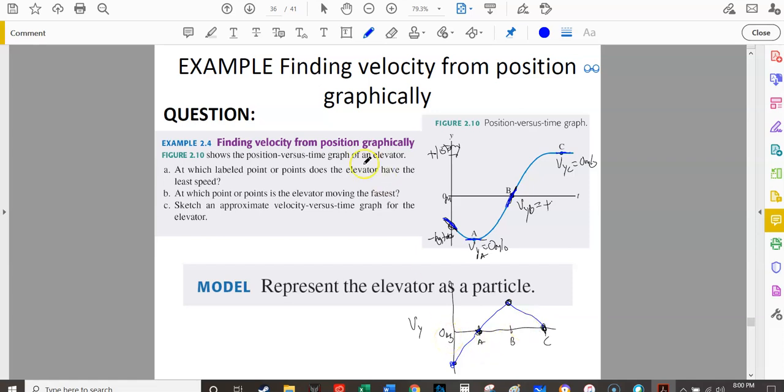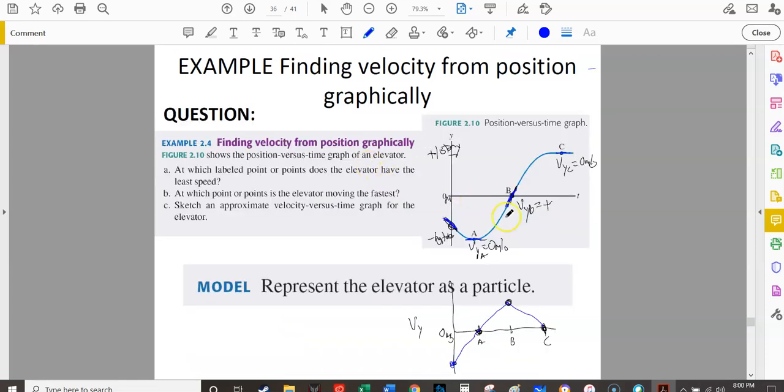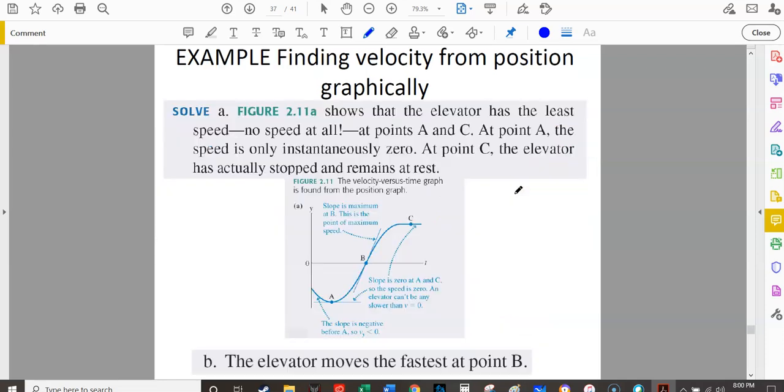Okay? And so it looks like out of points A, B, and C, A and C are not going to be moving at all. So those are going to tie for the least speeds, and B is going to be tying for the fastest speed. So those look great.